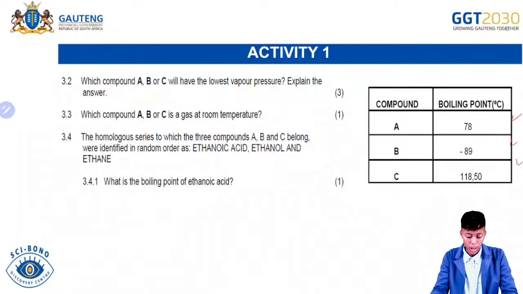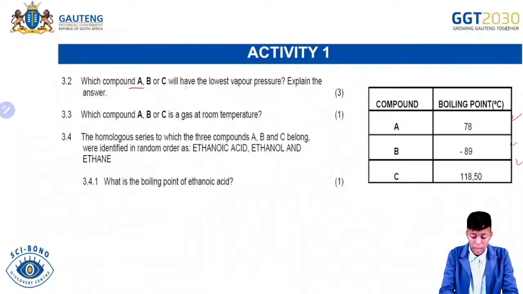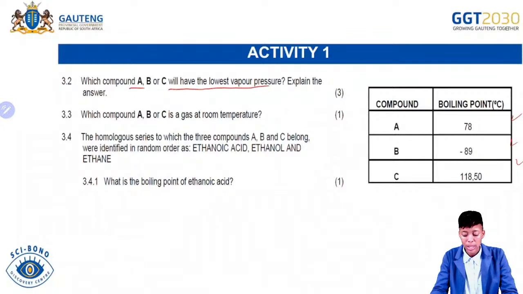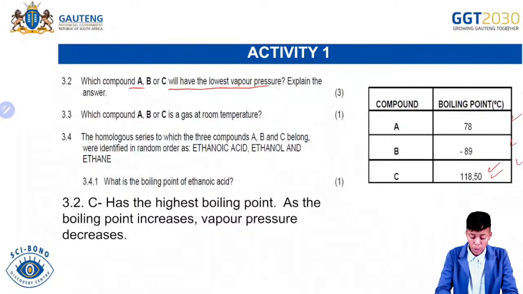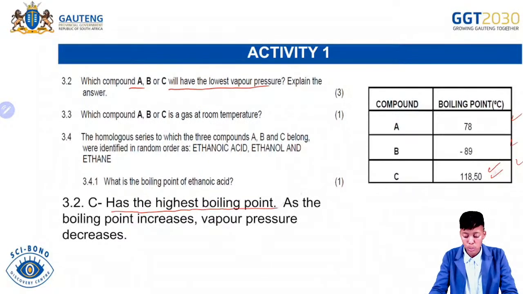Okay. So the question says, which compound A, B, or C between the three will have the lowest vapor pressure? So as we have just stated now, the one that will have the highest boiling point is the one that is going to have the lowest vapor pressure. So it says here it's going to be C, because C has the highest boiling point.